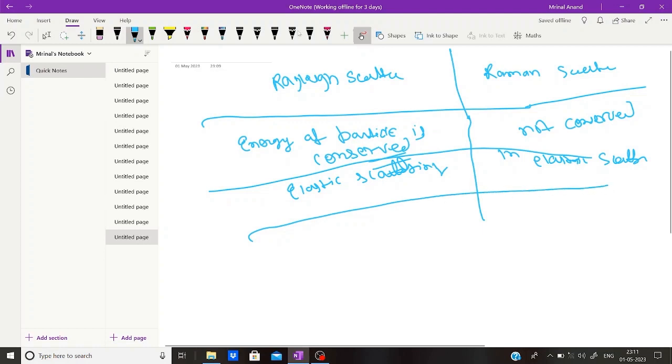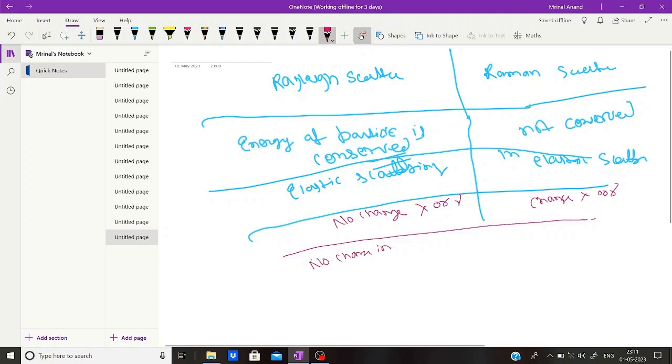Third, here there is no change in lambda or frequency. Here you can see the change in the lambda or frequency, that is lambda or nu. Here there is no change in chemical nature.